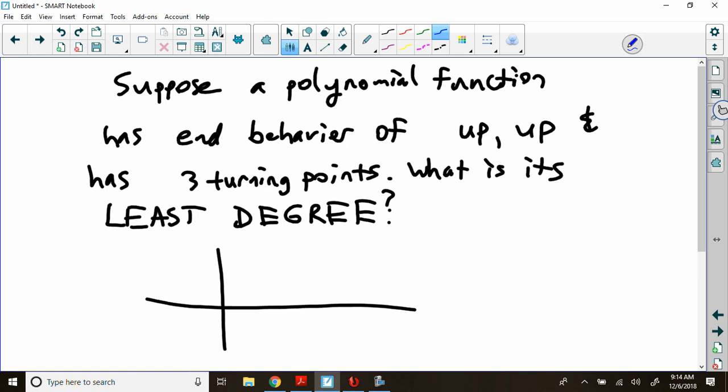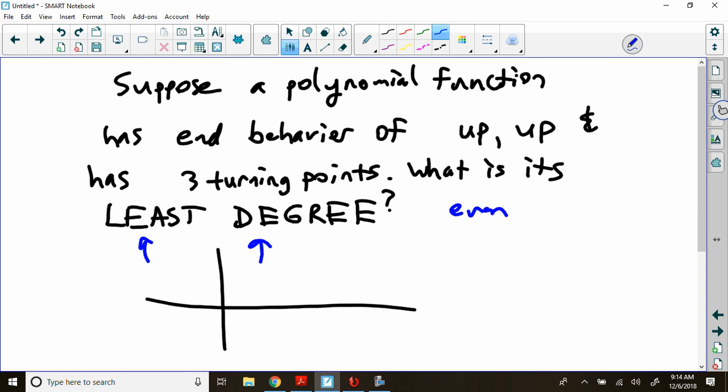So let's think about this. The end behavior's up, right? The fact that the end behavior's up should tell us something about the power. The power's got to be odd or even? If it's doing the same thing on the ends, from our end behavior study, it's going to have an even degree. So the degree is going to have to be some even number.